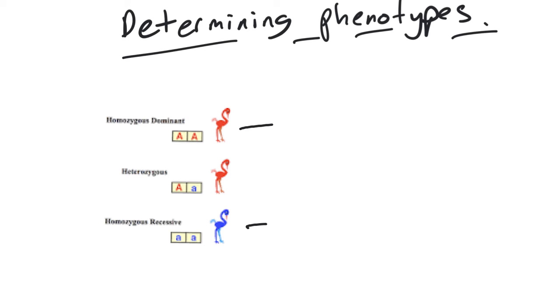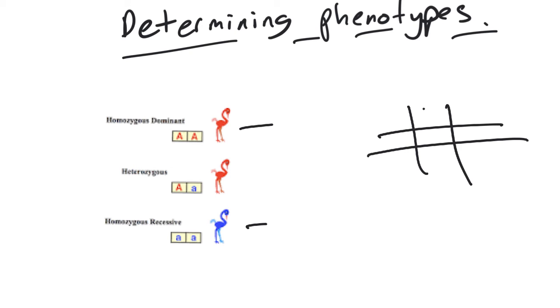So for this, you use something called a Punnett square. A Punnett square looks simple. It's like a noughts and crosses box, basically. And all you do is you split up the alleles, because obviously the body cells are diploid, whereas a gamete is haploid, so I'll have one of these. So in the gamete from one parent, I'll have one big A, and for the other one, I'll have little a, little a.